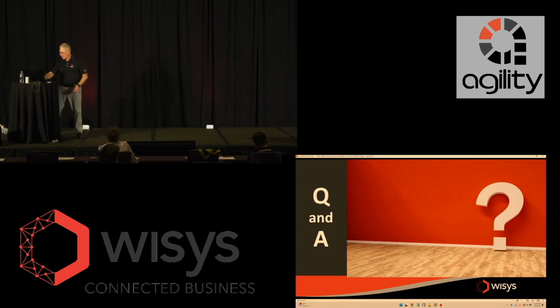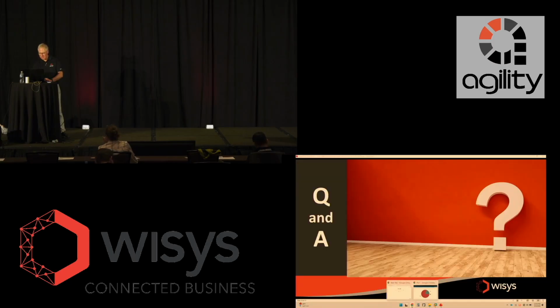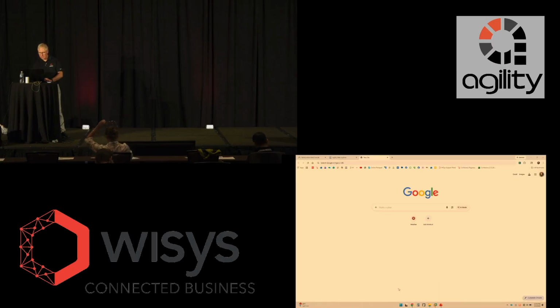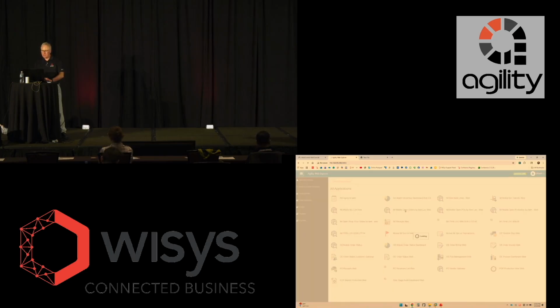Well, everything that I had on my screen over here, these are out-of-the-box components that we've already created. And some of them, like mobile, when you see the word mobile, that's supposed to be for your phone. You click on it.